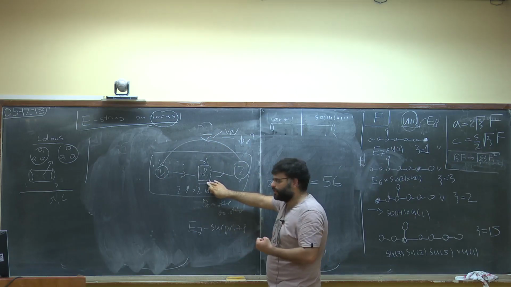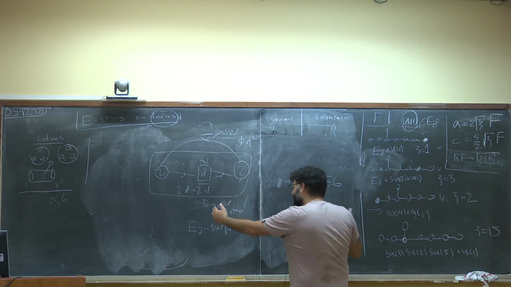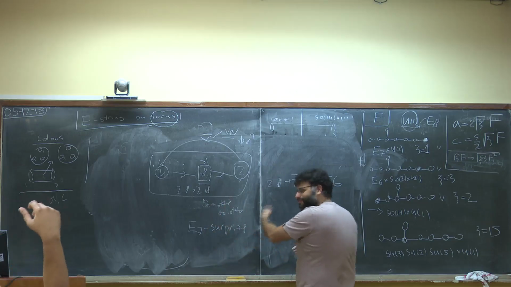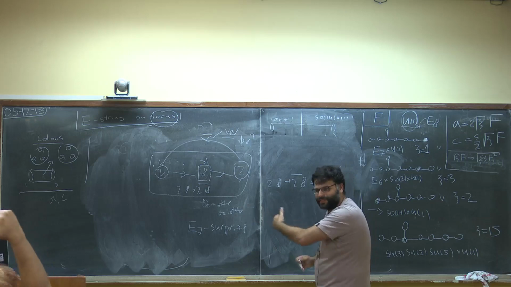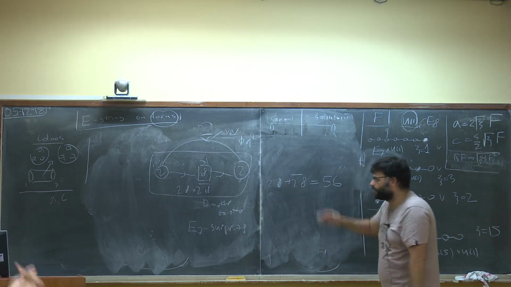Think of this deformation in terms of an index. In index language, it's very simple. You write an index, and then turning on a vev is just setting some fugacities to 1 or something like that. But you don't touch the E7 pieces. So this thing has to have E7.